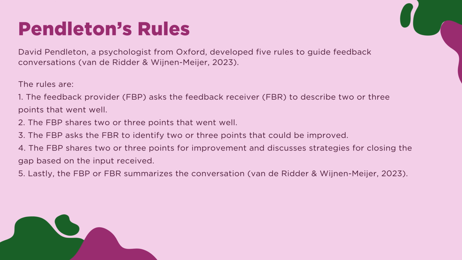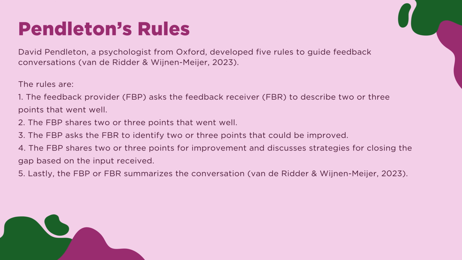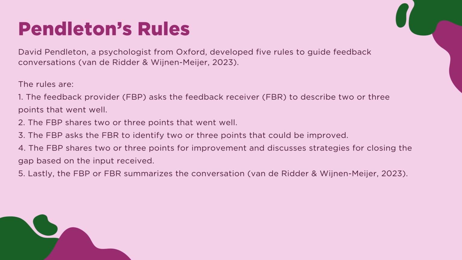The feedback provider asks the feedback receiver to identify 2 or 3 points that could be improved. 4. The feedback provider shares 2 or 3 points for improvement and discusses strategies for closing the gap based on the input received. 5. Lastly, the feedback provider or feedback receiver summarizes the conversation.